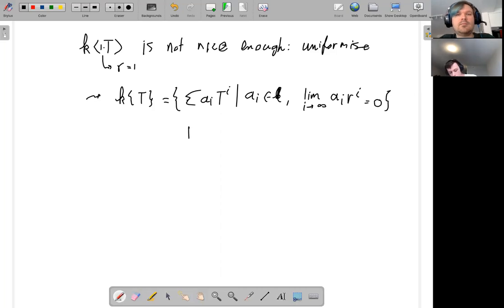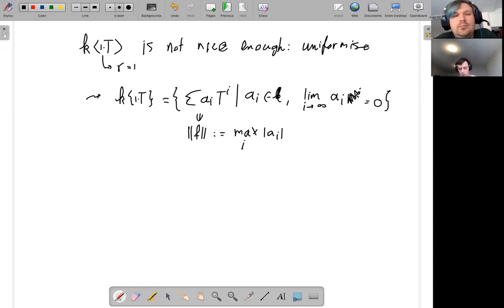And the norm for an f in there is now by definition the maximum over all i of |aᵢ|. Here usually there's an r, but here we have put a 1. So this is now just the maximum of the norm of the coefficients.